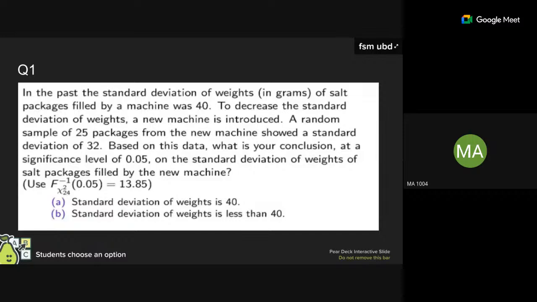Either we give you alpha, the significance level, and ask you whether you reject or accept. That means you have to compute the critical value and compare it with the given test statistic, and reject or accept.